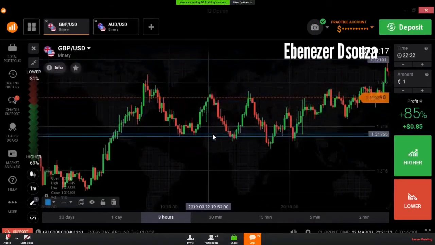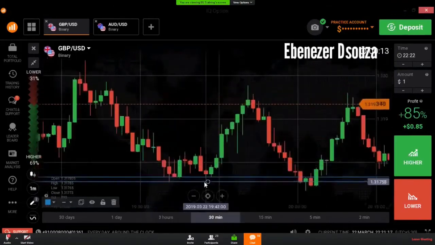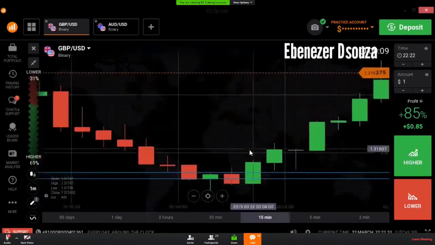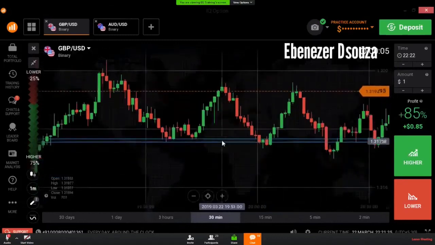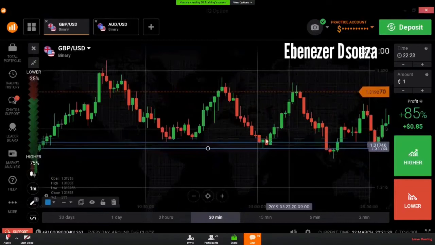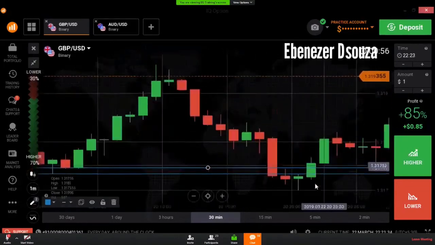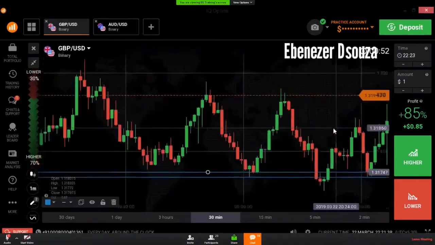Here, this is a level. You are seeing a breakout candlestick, a fake breakout. Again, buyers enter. Here also, you are seeing a breakout candlestick, but a fake breakout, and again buyers enter from this level.